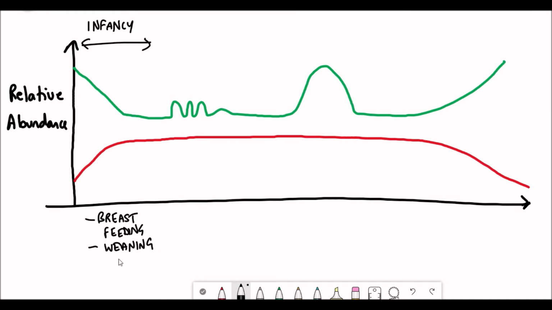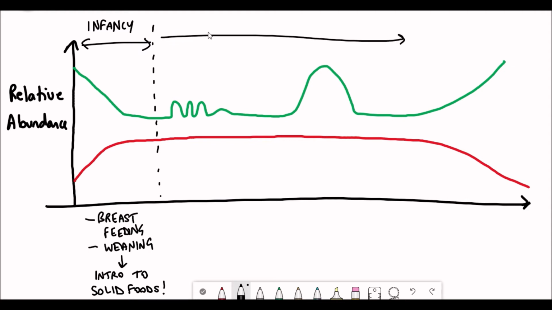And then as in infancy you progress to eating solid foods, that's also followed by an increase in bacterial richness. So then if we look at adulthood, we can see that generally it seems pretty stable, but then there's these fluctuations that occur on a daily scale. So obviously the circadian rhythm and your feeding fasting cycles will also have short-term influences on the microbiome composition, and also what you're eating is very important.